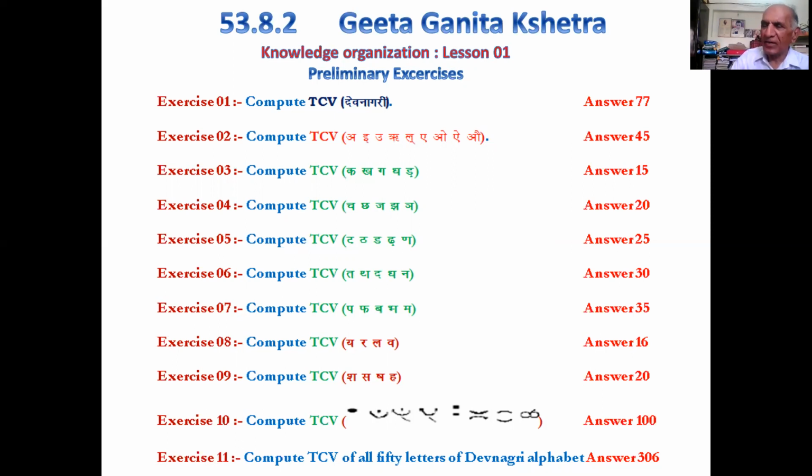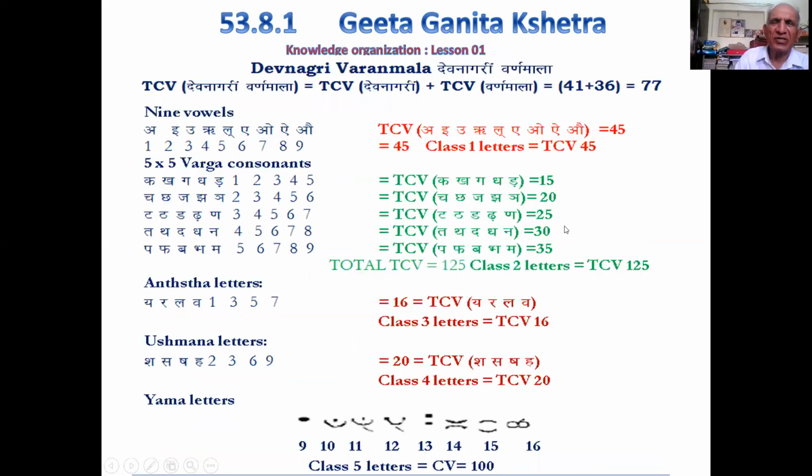If we revert back to the first sheet, we will see that there is a Devnagri formulation, and there is a TC value to be associated.